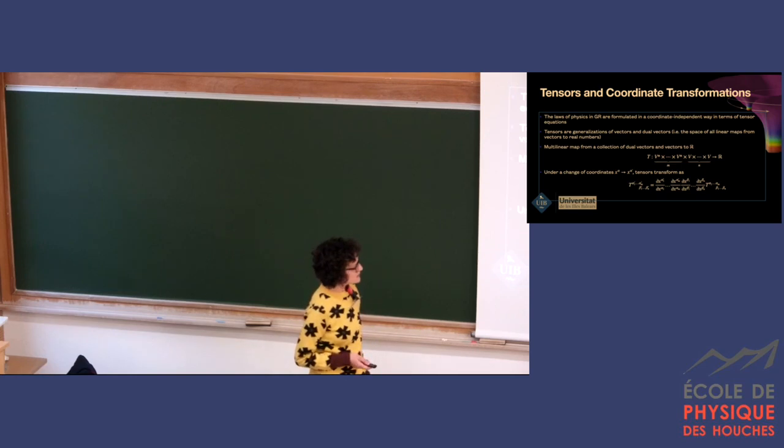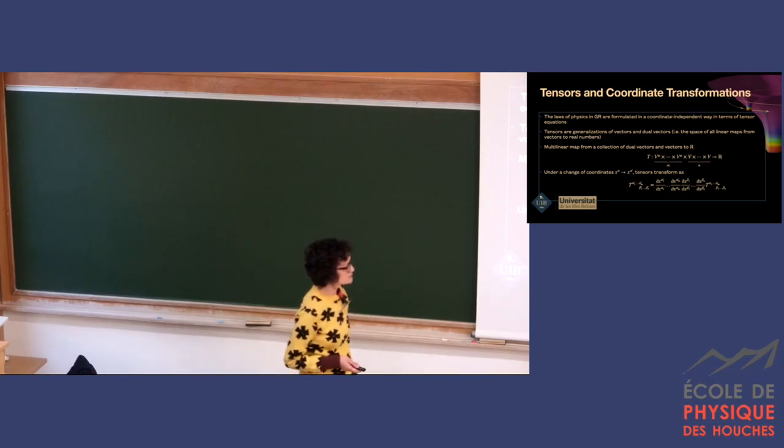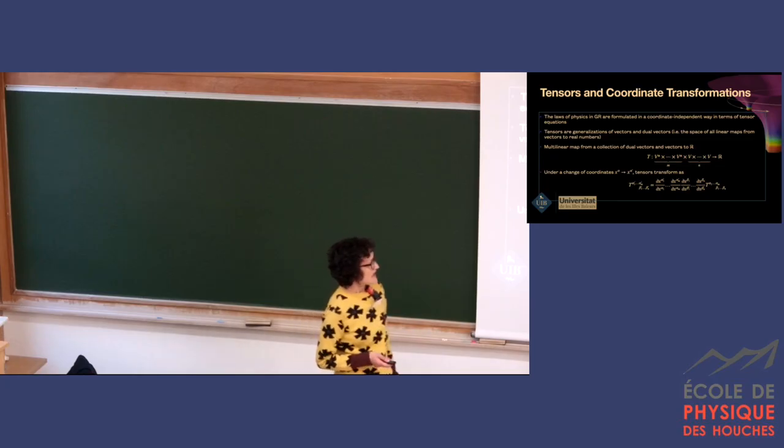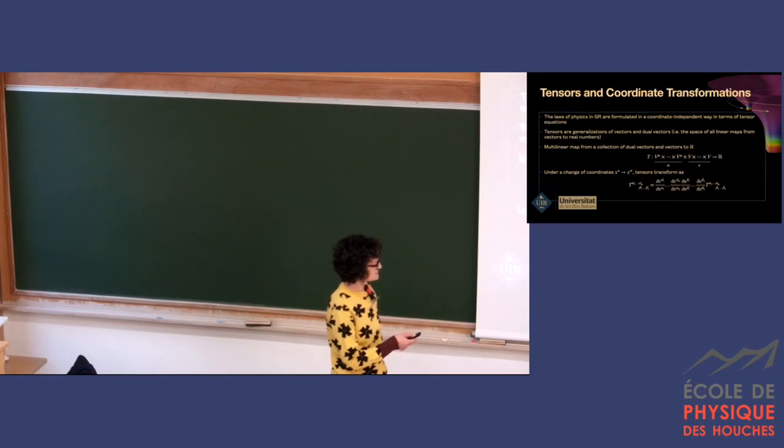And this is achieved by working with mathematical objects called tensors. We can think of tensors as generalizations of vectors and dual vectors, and dual vectors are the space of linear maps from vectors to real numbers. You can have tensors with many indices, as you know, and these tensors establish a map between product spaces and the real numbers.